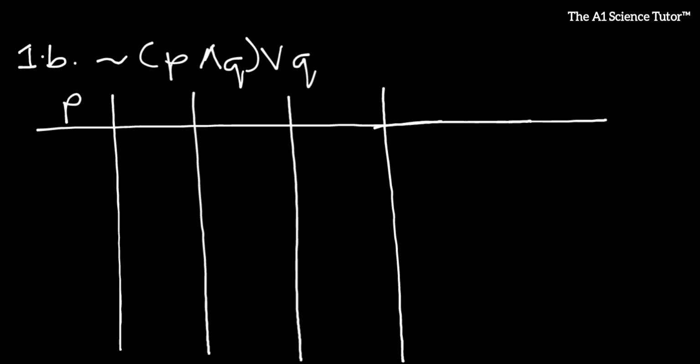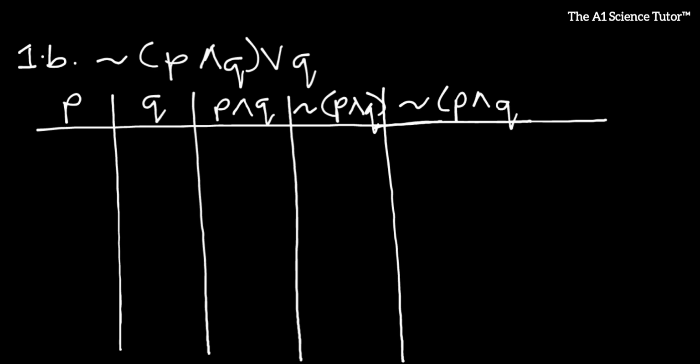Now, let's start with P. Then this is Q. This is going to be P conjuncted with Q. Then we'll have a negation of that conjunction. Then lastly, we'll have this negated conjunction in disjunction with Q again, right? So let's say we have truth, truth, false, and false.